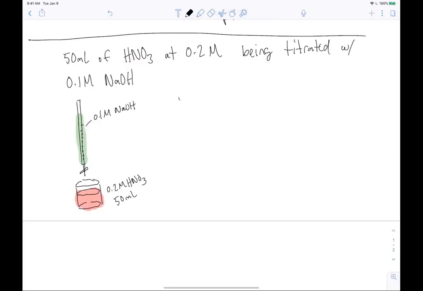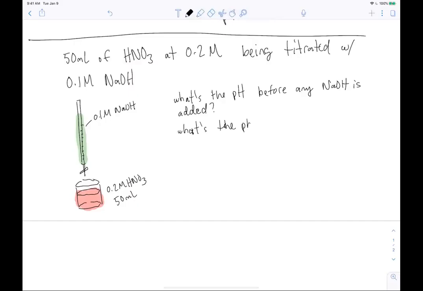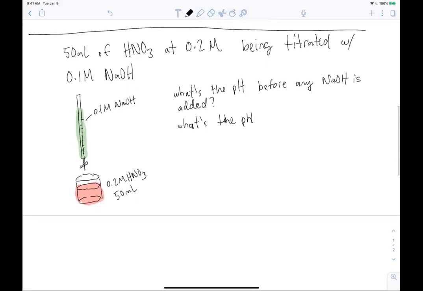So we can say, what's the pH before any sodium hydroxide is added? We can say what's the pH after 10 mils of sodium hydroxide is added.